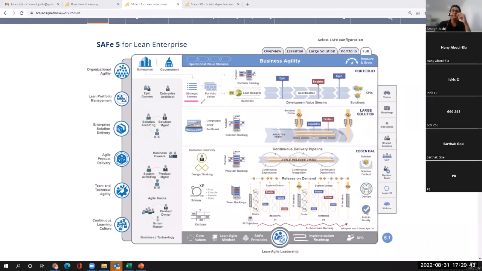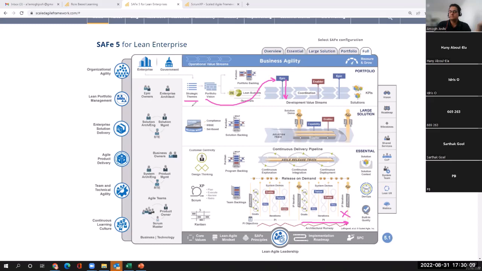Okay. Now to implement that strategic theme, we will create epics. Epics are large initiatives that span multiple development value streams, and that cannot be delivered in a program increment, which is like 4 to 6 iterations. They cannot be delivered. They are large initiatives. One of the examples of epics might be enable passengers to buy extra baggage.